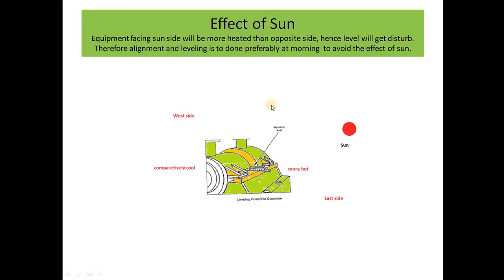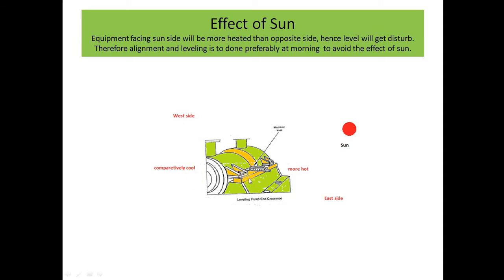Normally we do alignment during morning time. If you correct the alignment or leveling in the morning and check it in the afternoon, you will notice that the level got disturbed, alignment got disturbed. Because during lunch time or noon time, the heat of the sun hits one half of this portion, and it will expand more, and this side will comparatively be cool, so it will expand less.